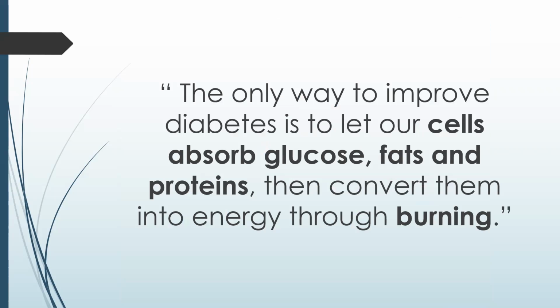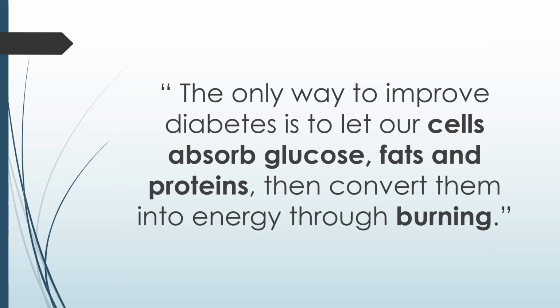So Dr. Nobre found out that the only way to improve diabetes is to let our cells absorb glucose, fats, and proteins, and then convert them into energy through burning. Okay, this burning process is very important. Like I mentioned just now, if all the nutrients that we absorb cannot be converted into energy, they will accumulate inside the cell and be oxidized, causing our cells to be weakened and affecting our blood circulation.